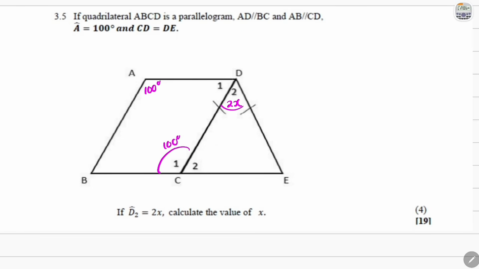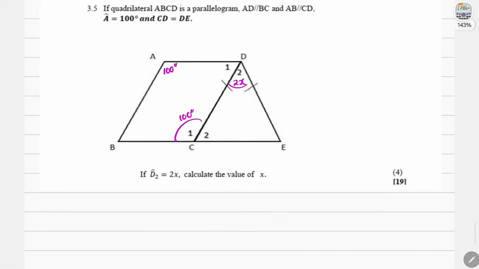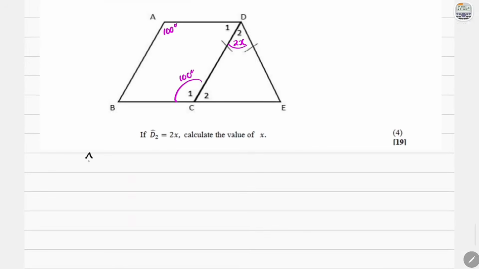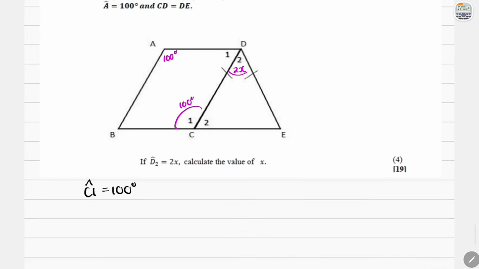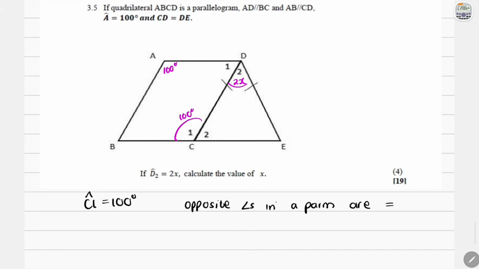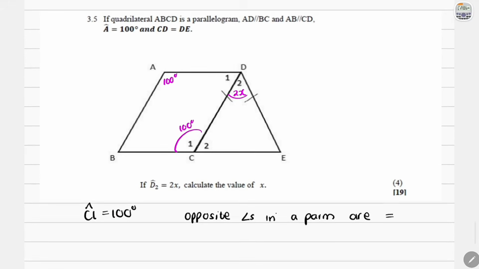But I'm trying to avoid finding another angle and then jumping into another angle. But it seems like we can't really avoid this, and that's fine. So we can simply find this angle and tell them, yes, this is really equal to 100 degrees. So angle C1 equals 100 degrees because opposite angles in a parallelogram are equal.